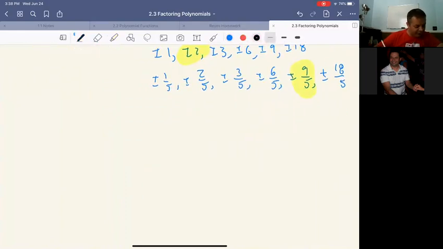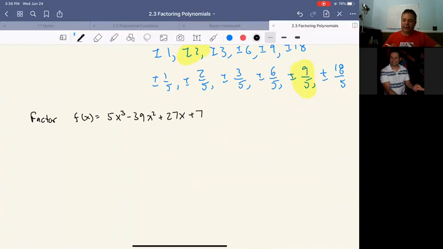All right, let's do an example. Let's factor f of x equals 5x cubed minus 39x squared plus 27x plus 7. What are our possible rational roots?